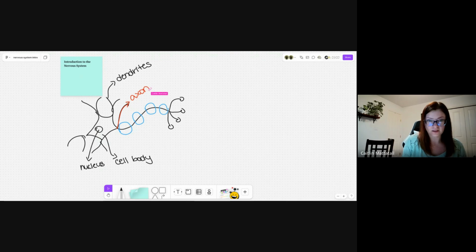That is the axon. So that's this part right here. Okay. The little bubbles, these are called Schwann cells. And together, they're known as something called the myelin sheath.